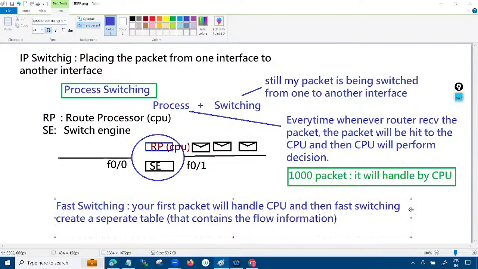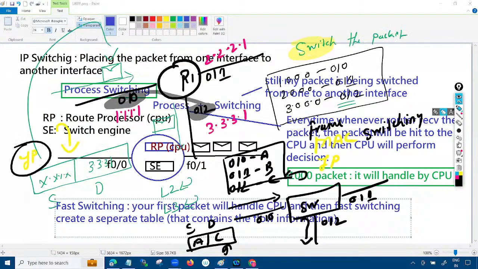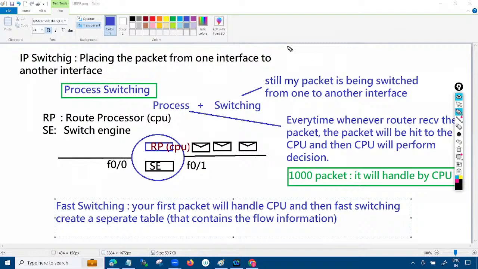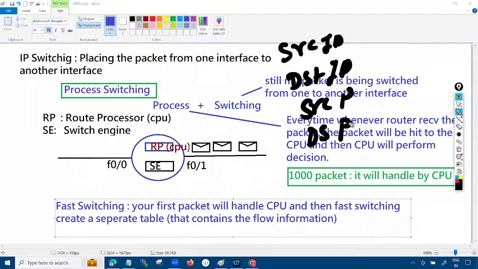One flow means simply you have a source IP, destination IP, then a source port, destination port, then the DSCP marking, and then the transport layer protocol like TCP or UDP, the L4 protocol.